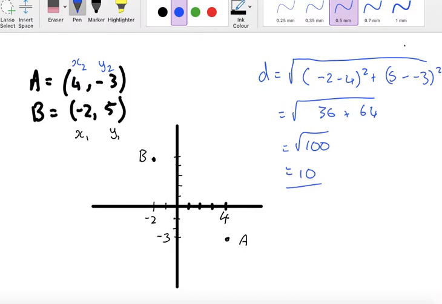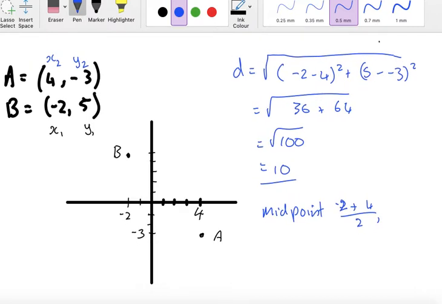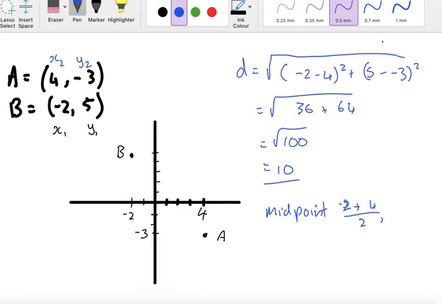Now we're going to do the midpoint. The midpoint is where we do x1, which is -2, plus x2, which is 4, over 2, and then we do y1 and add it to y2. Because we're adding, we still only use the negative. That negative belongs to the 3, over 2.